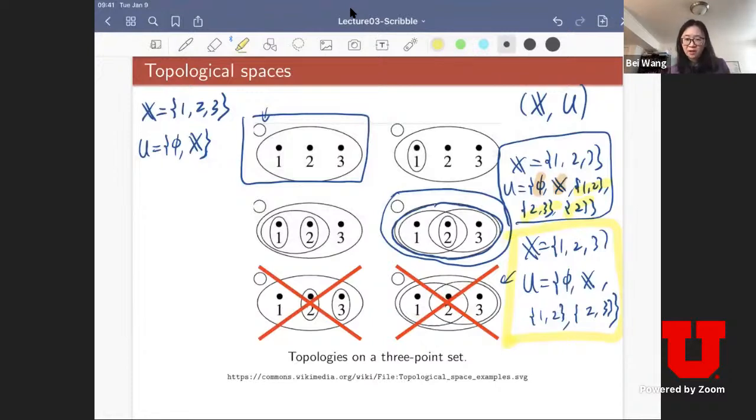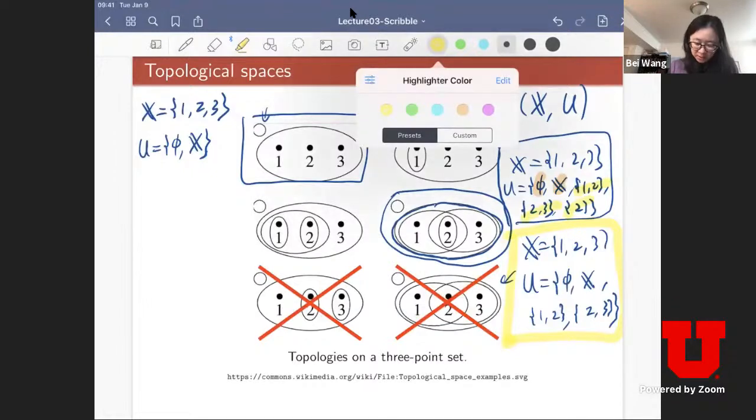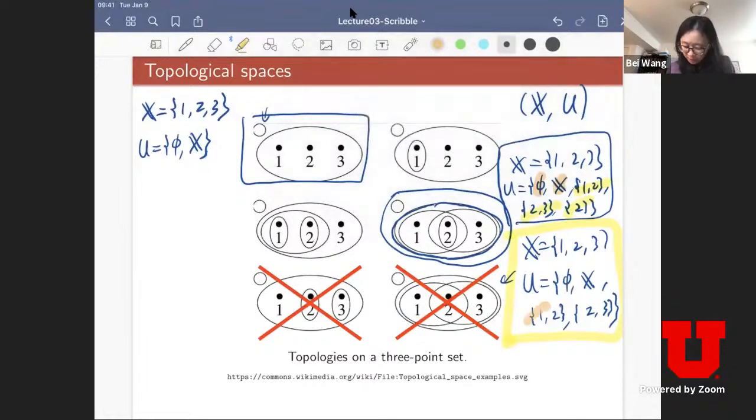Which condition is violated? The intersection. Exactly. Because if I take the intersection of {1,2} and {2,3}, by definition their intersection has to be there, but it's not, because the intersection is {2}. So this is not a topological space. And I will encourage you to check the other example that is not a topological space as well.